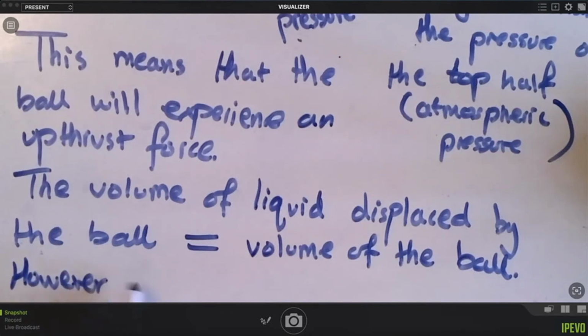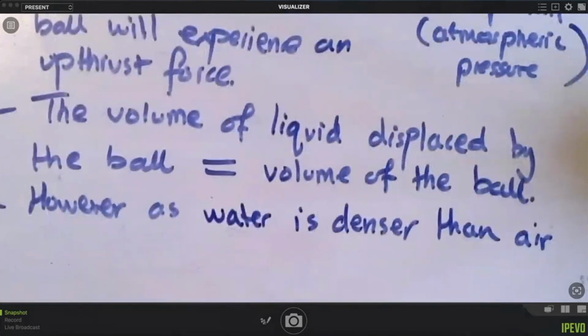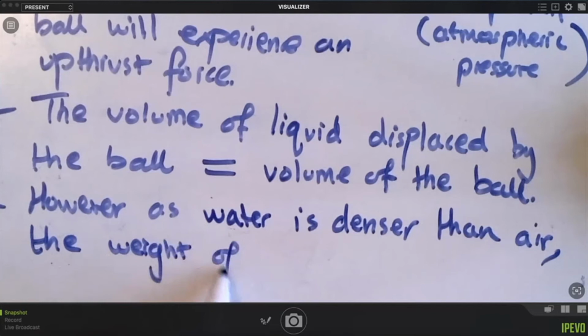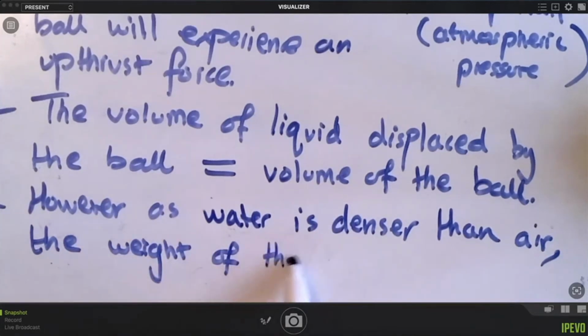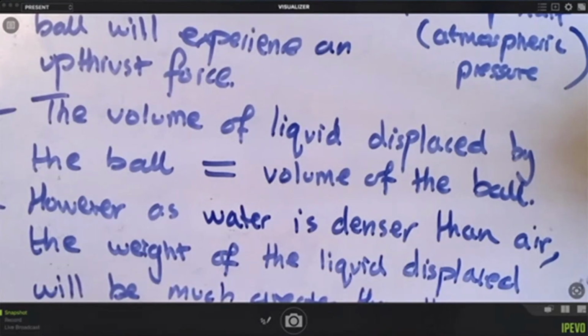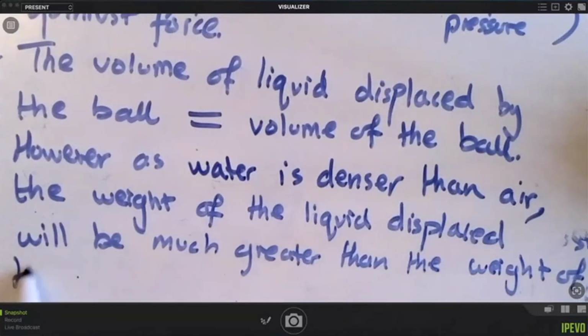However, as water is denser than air, the weight of the liquid, which is the water displaced, is greater than the weight of the ball.